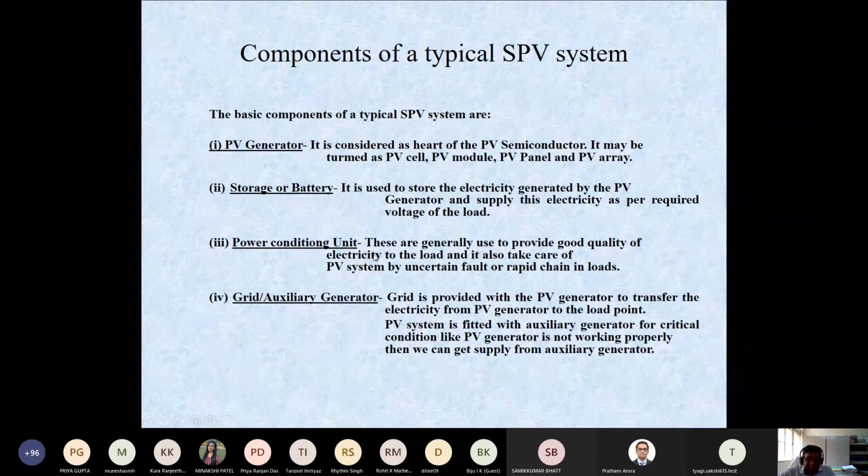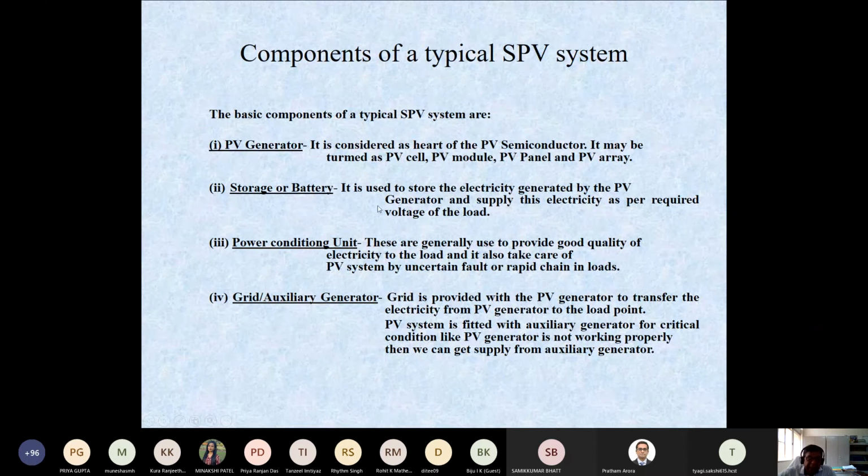There are so many electronics and devices which need to condition the power, so the research is going on in power electronics also, and of course the interfacing. There are so many issues to interface this solar PV to the grid, so there is research scope in this area also.